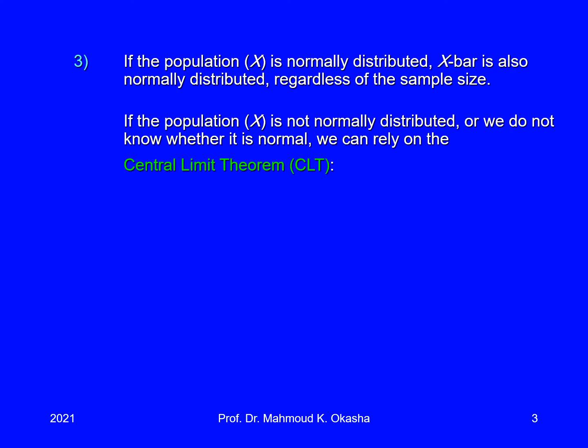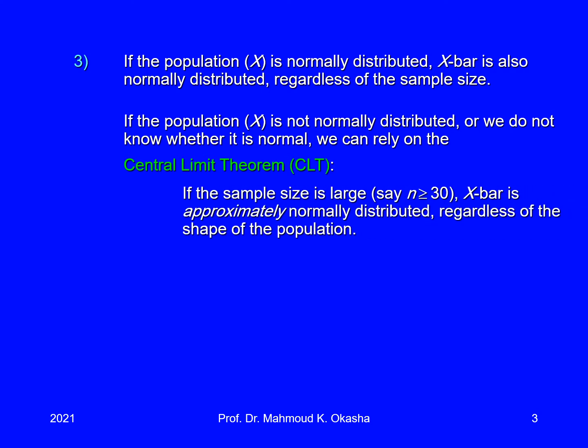We do not know it, but if we make n large enough, at least 30 units, at least 30 observations, according to the central limit theorem, we have the same results.